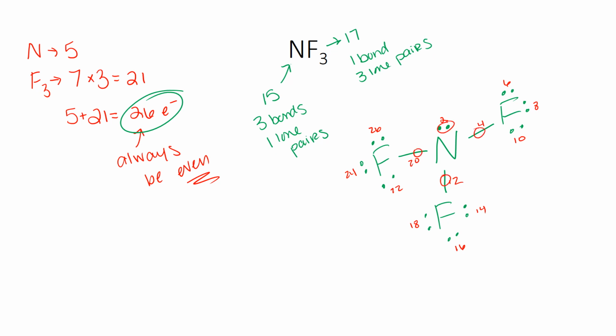Good. Each fluorine has 2, 4, 6, 8 around it. Excellent. So my final picture, and you don't have to redraw this, I just have a bunch of numbers around there, so I just want to make it clear what the final picture is. That is your final picture for NF3.